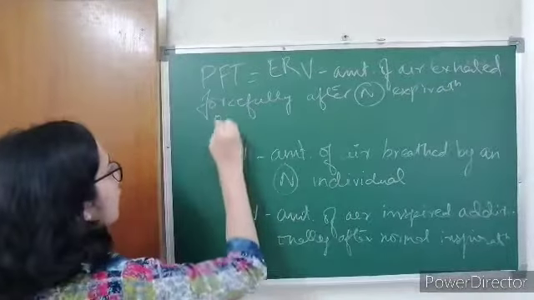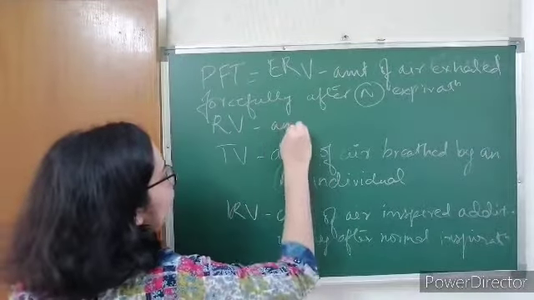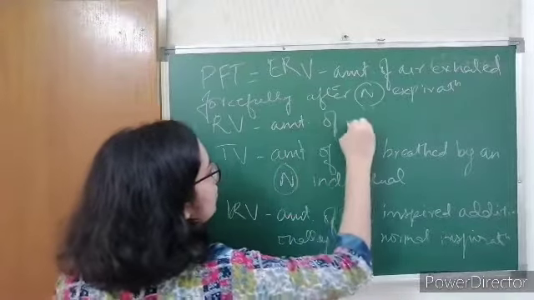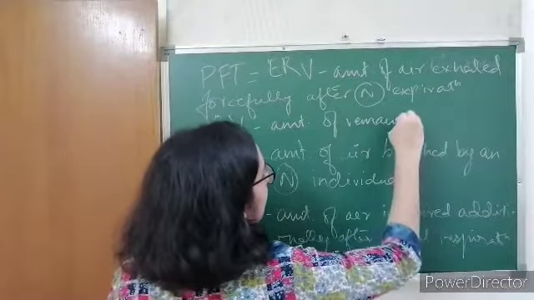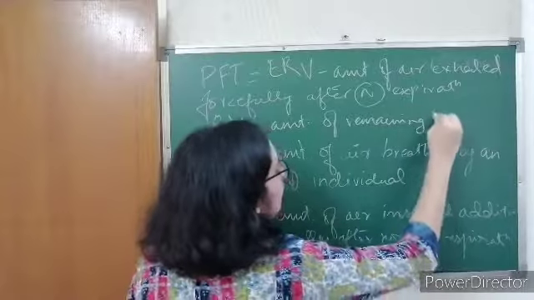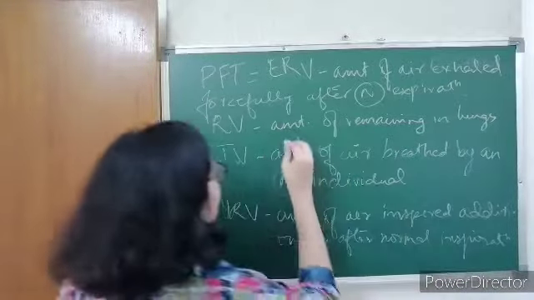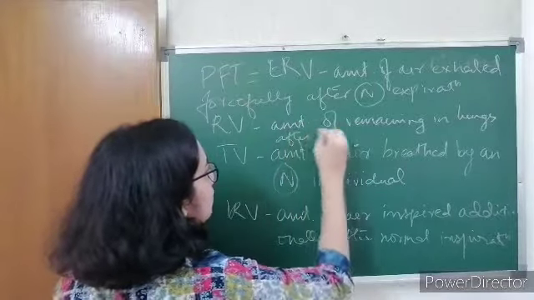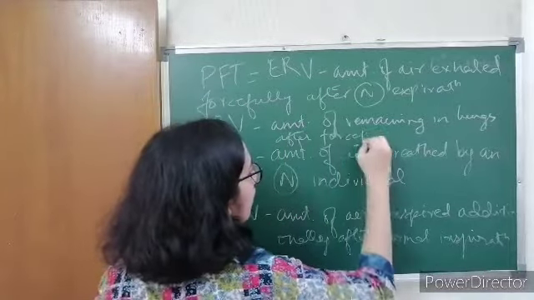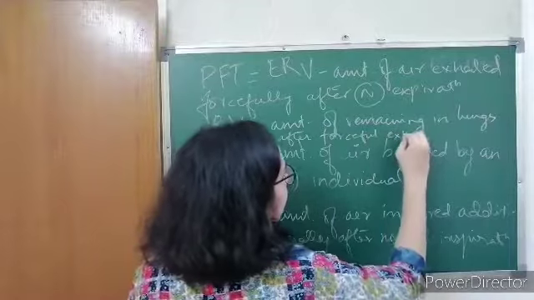Okay, RV is the amount of air remaining in lungs after forceful exhalation.